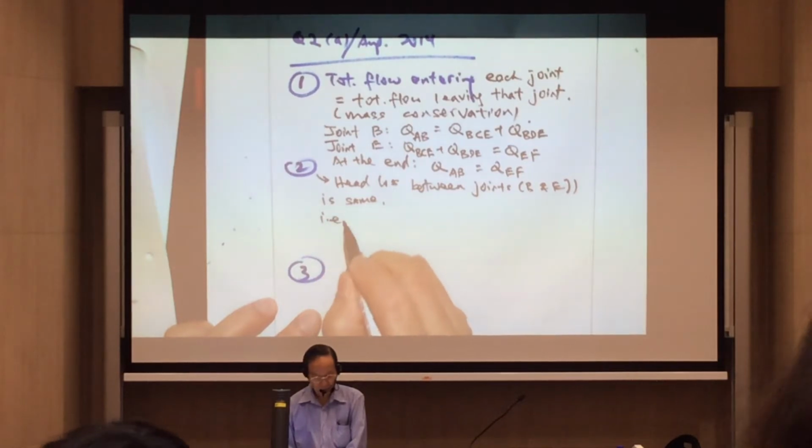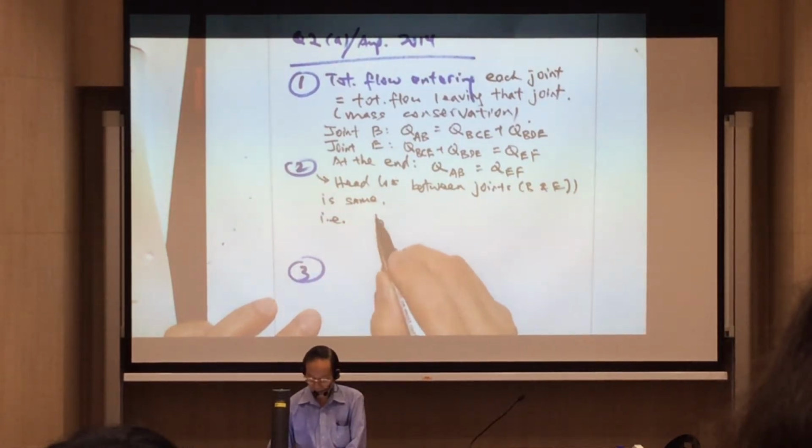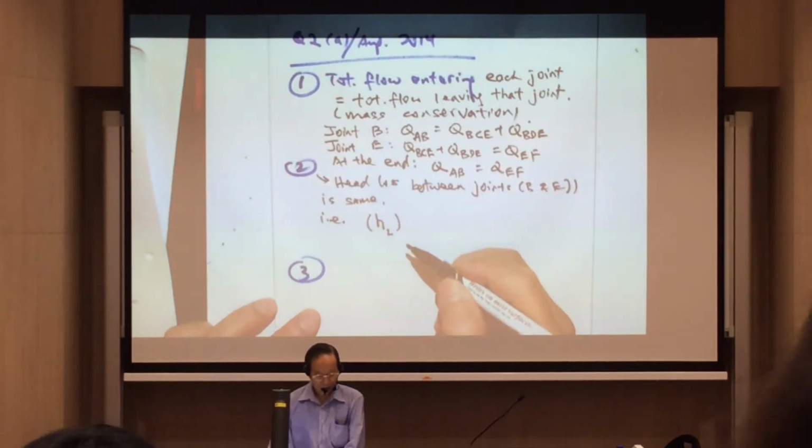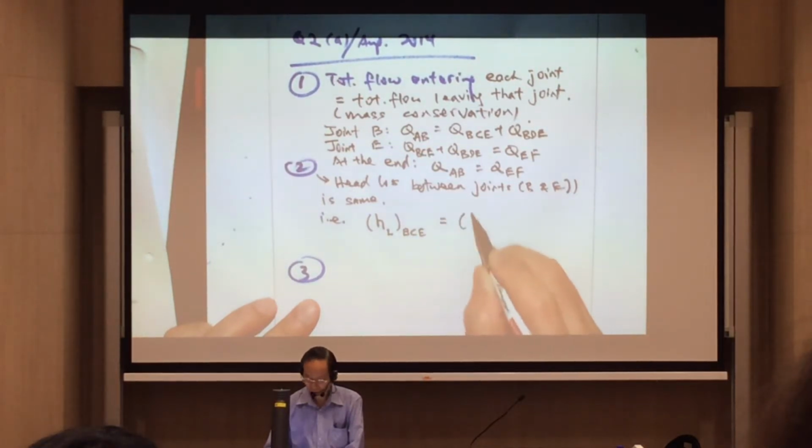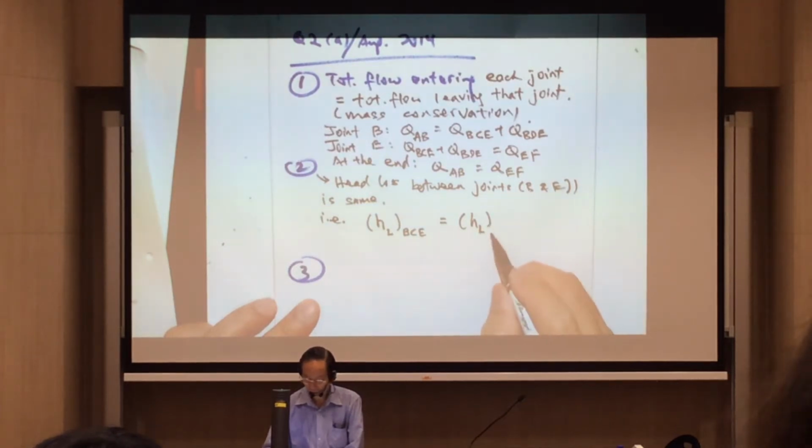So in other words, we have head loss represented by H subscript L. Head loss through the branch of the network BCE is equal to the head loss through the branch BDE.